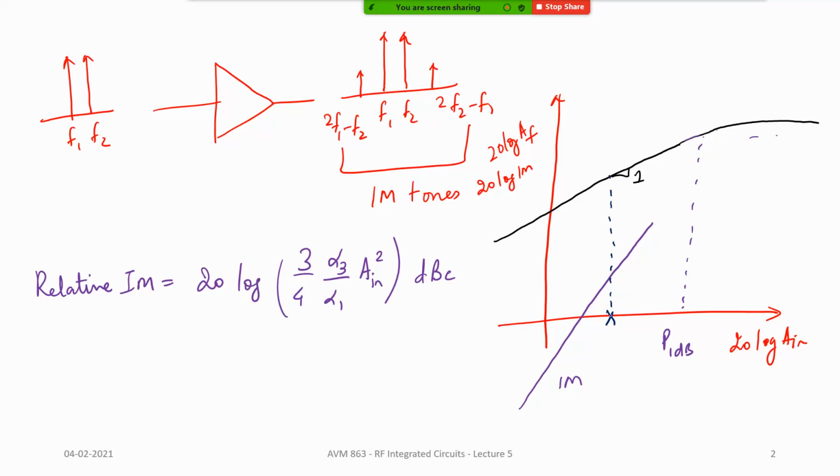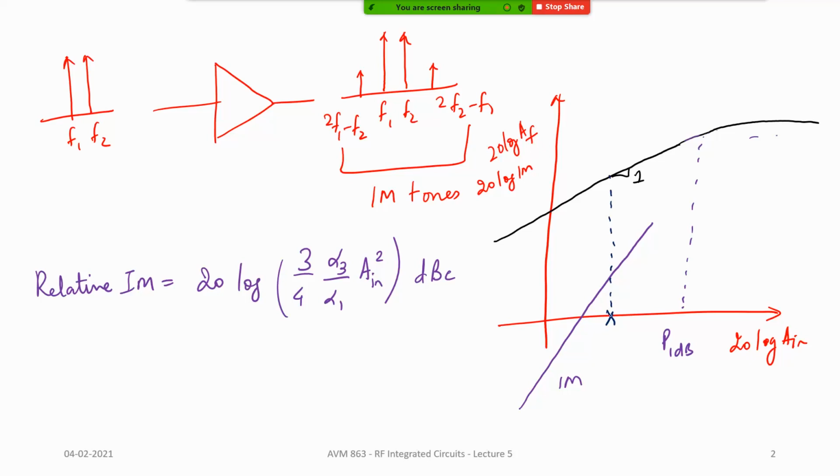Now, let's say you have two or three amplifiers, and you are trying to compare the linearity of all these different amplifiers. How can you compare them? You can look at the relative IM, but this relative IM is extremely dependent on what? The input amplitude. Let's say one vendor has characterized it at 0 dBm, another vendor has characterized it at minus 10 dBm and said that my relative IM is extremely good.